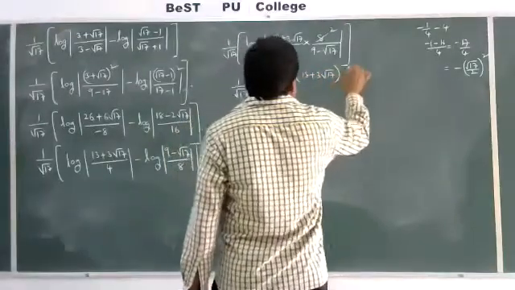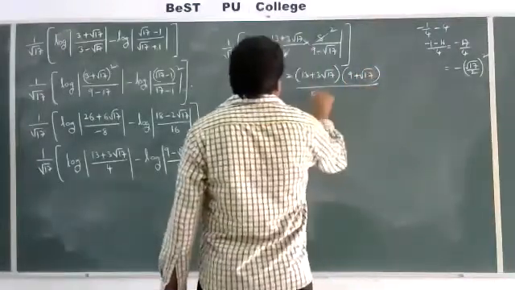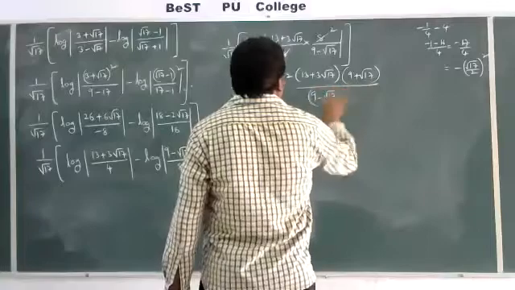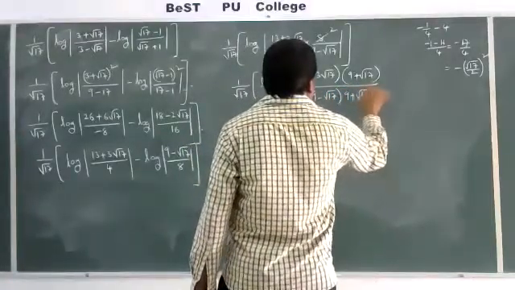Here rationalizing the denominator: 9 plus root 17 by denominator 9 minus root 17 into 9 plus root 17.